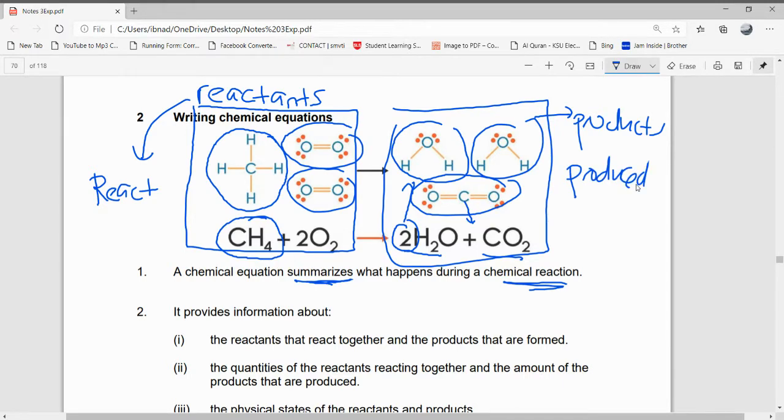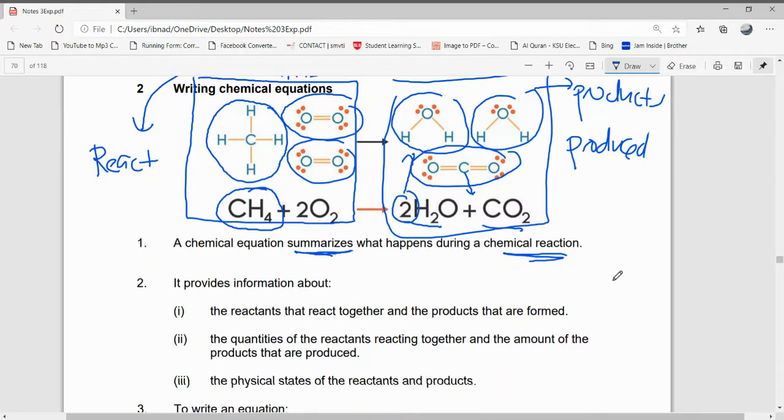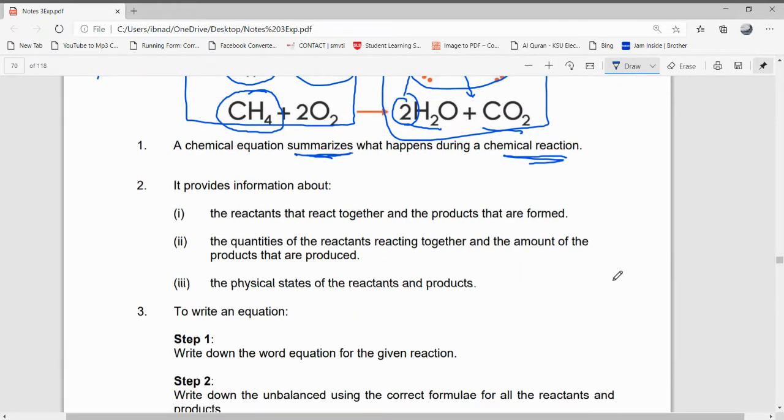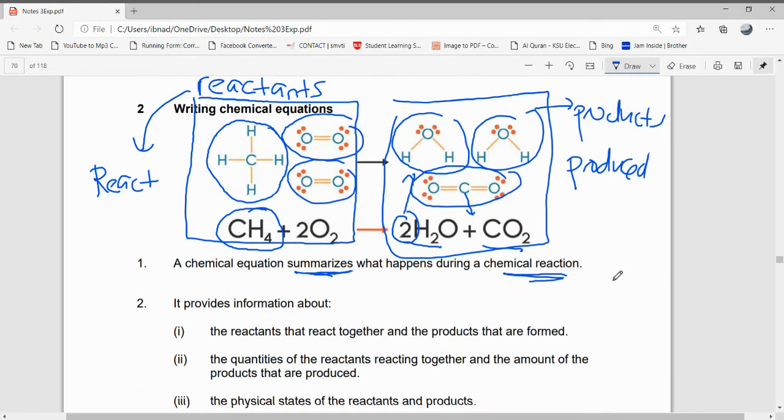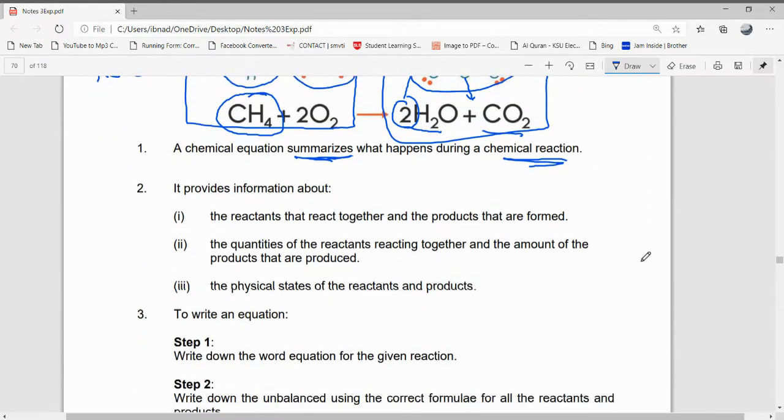So this is a chemical reaction. The chemical equation is produced from the chemical reaction. So it provides you the information for the reactants that react together and the products that are produced.